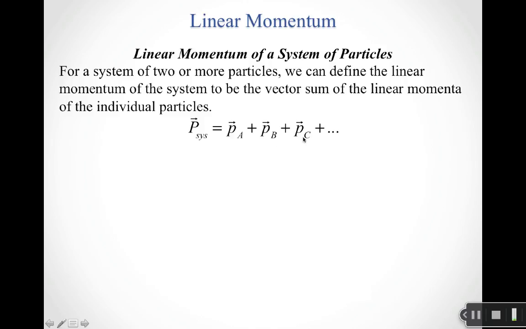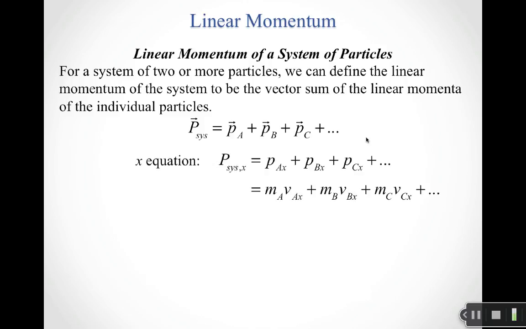So the momentum of the system is nothing more than the momentum of particle A plus the momentum of particle B plus the momentum of particle C, and just keep adding on until you've included all your particles. And again, this is a vector equation. So there's an equation for what's going on in x.